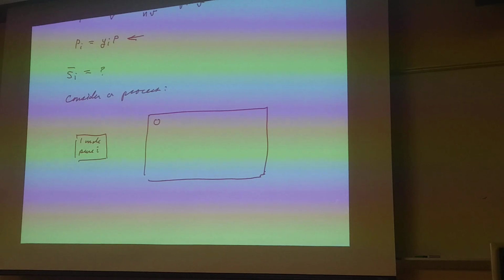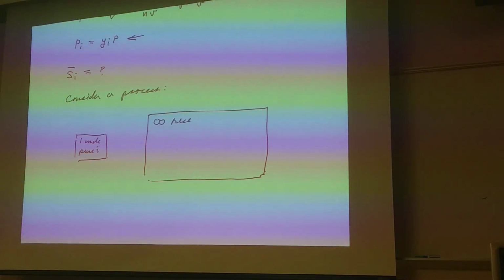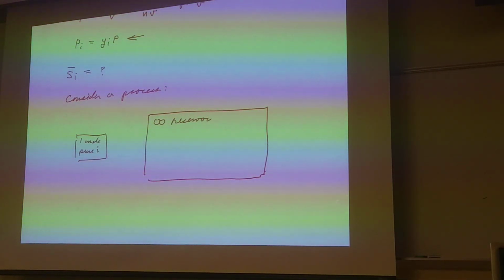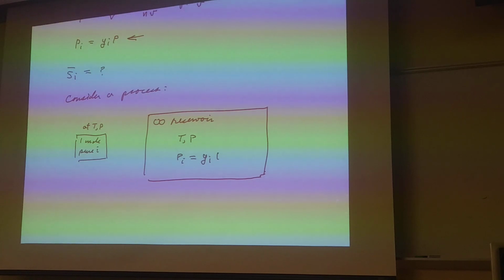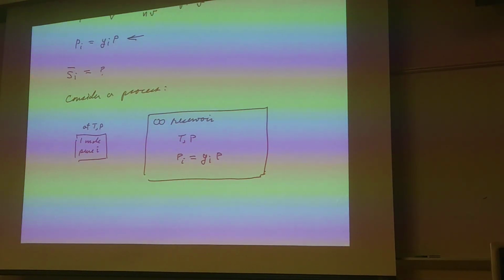And here I have effectively an infinite reservoir of the mixture, which is at temperature T and pressure P, with the partial pressure of component i being equal to y_i P. What I'm going to have is a reservoir which is the ultimate composition of the system that I'm interested in, and I'm looking at component i in particular.